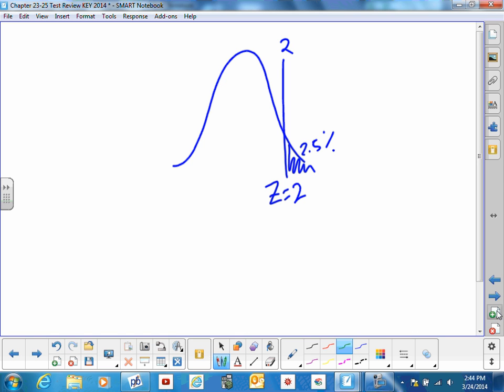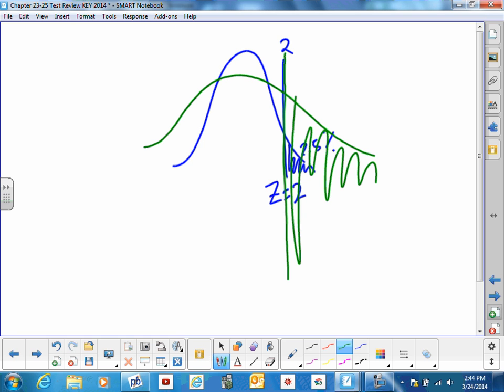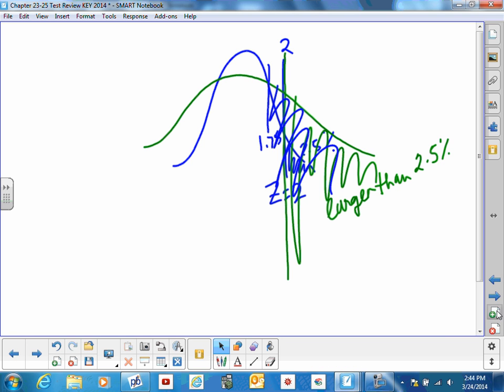A t-curve is actually going to have more in the tails. So even if you were at 2, this area in the tail of a t-curve, I'm exaggerating here, is going to be larger than what it was in the normal curve of 2.5%. So certainly at 1.75, there's going to be way more than that 2.5% for sure. So that's why you know you're really, really safe.